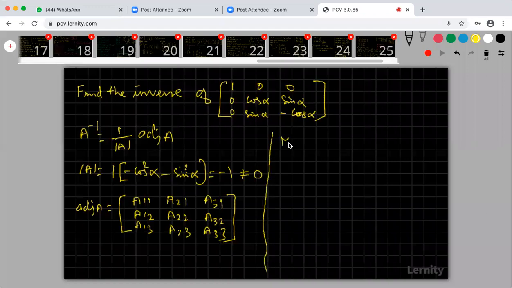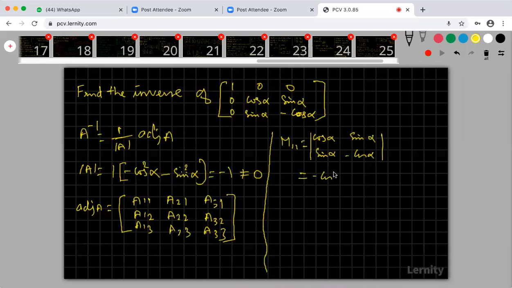What is the minor 1, 1, M11? M11 means minor of this element. Okay, so this is minus cos square alpha, this is minus sin square alpha. So therefore this is cos alpha, sin alpha, minus cos alpha. So what is the determinant value?